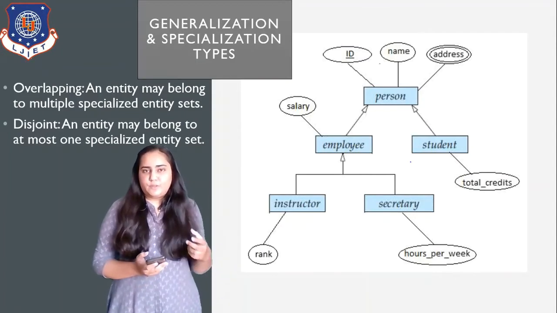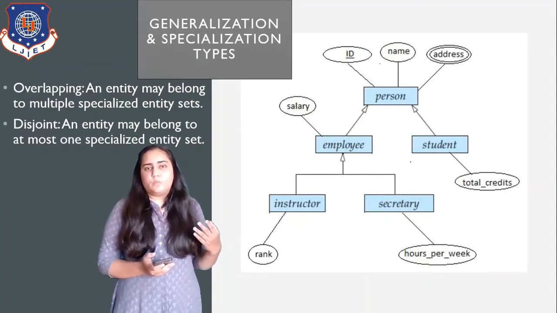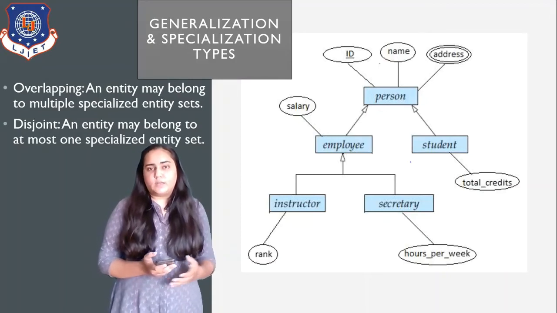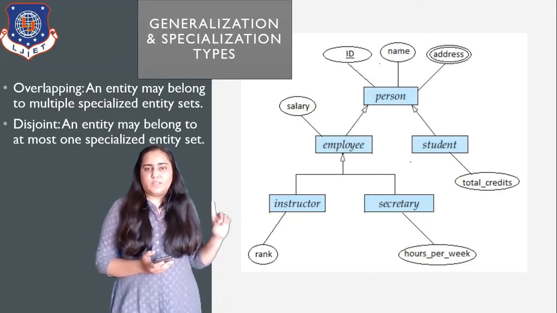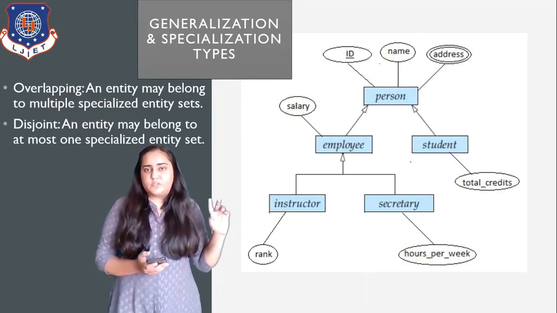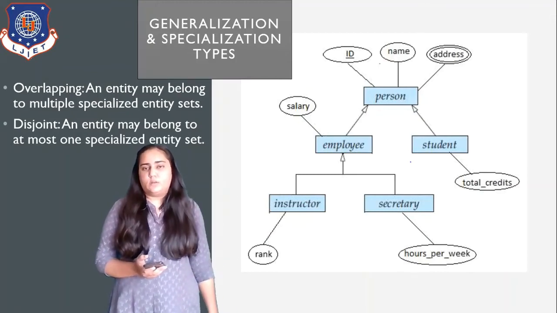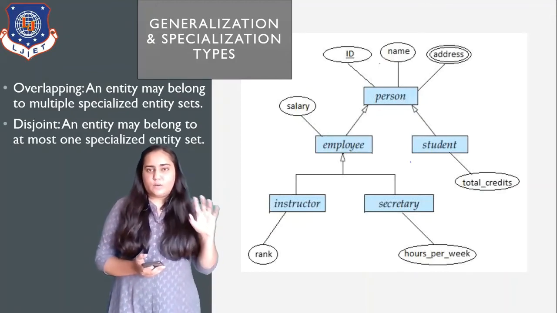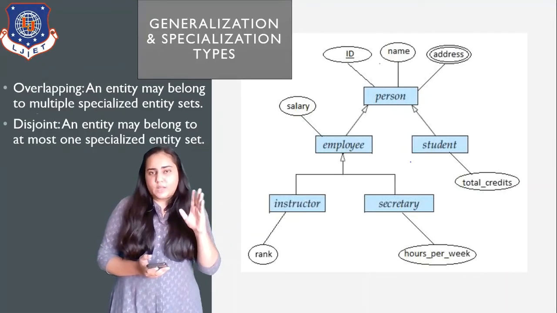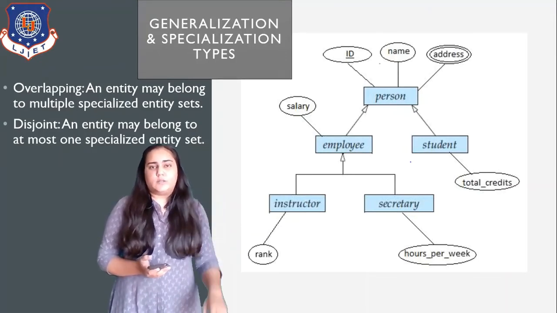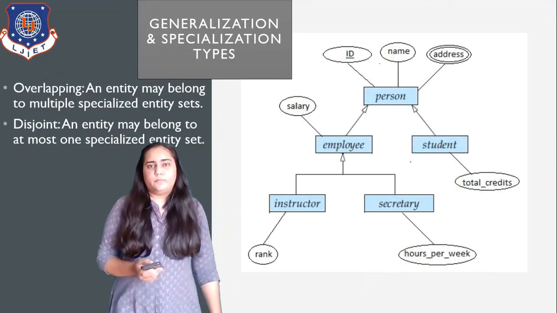And this type of specialization would be disjoint. To show that, we would be putting one single hollow arrow instead of two separate ones like we did in overlapping ones. So this is one single hollow arrow, and from that one arrow, we will create the specializations.